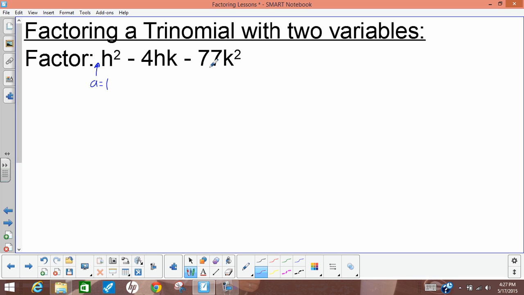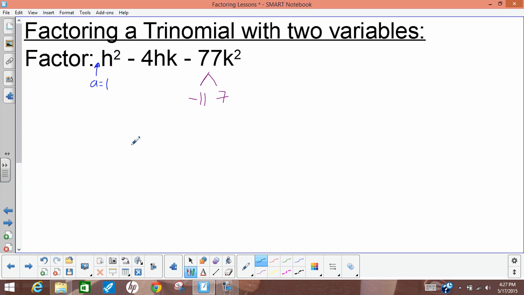We're going to find two numbers that multiply to give us negative 77 and also add to be negative 4. Those two numbers are negative 11 and 7. Finding these factors comes with practice. These both multiply together to be negative 77, and they add together to be negative 4.